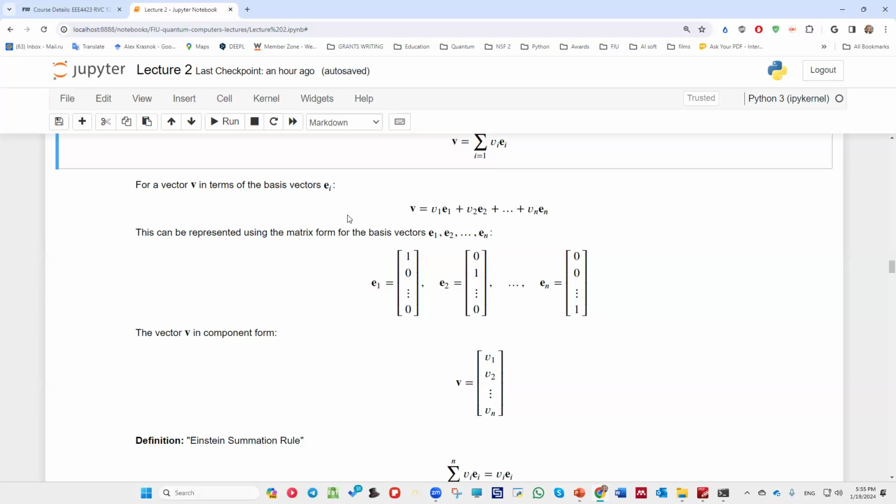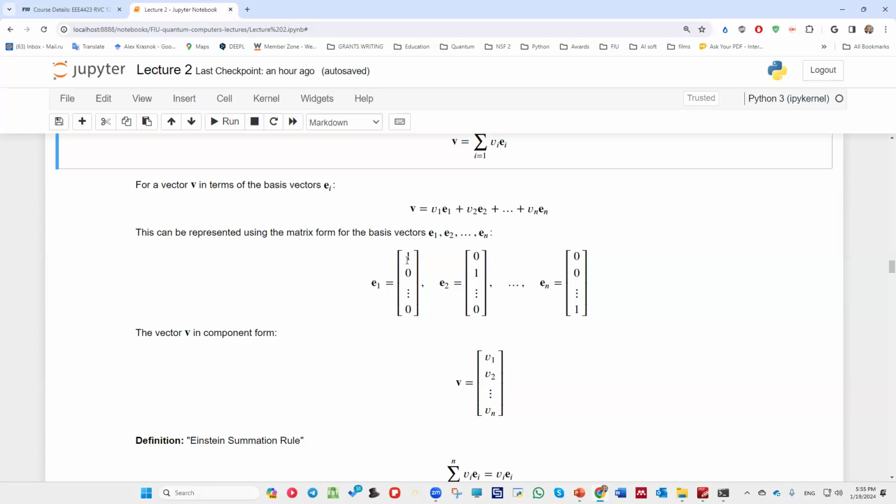If we normalize the lengths of these basis vectors to 1, we can also represent these vectors through their vector representation, right?